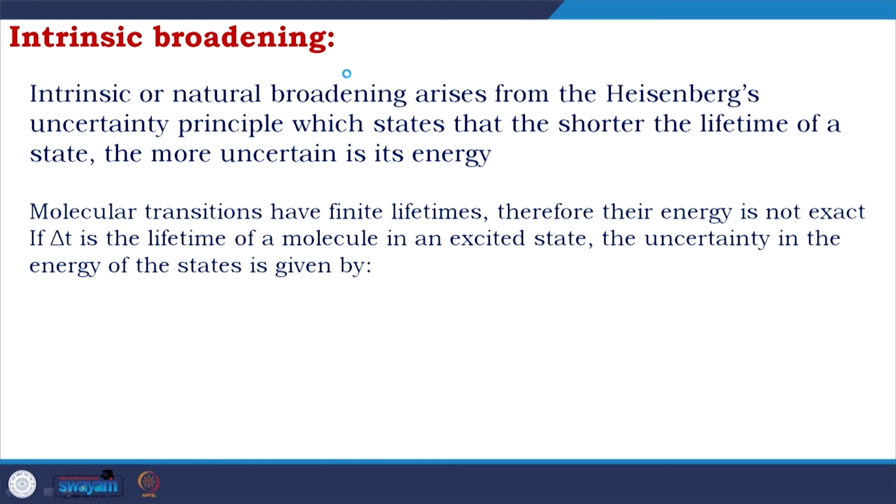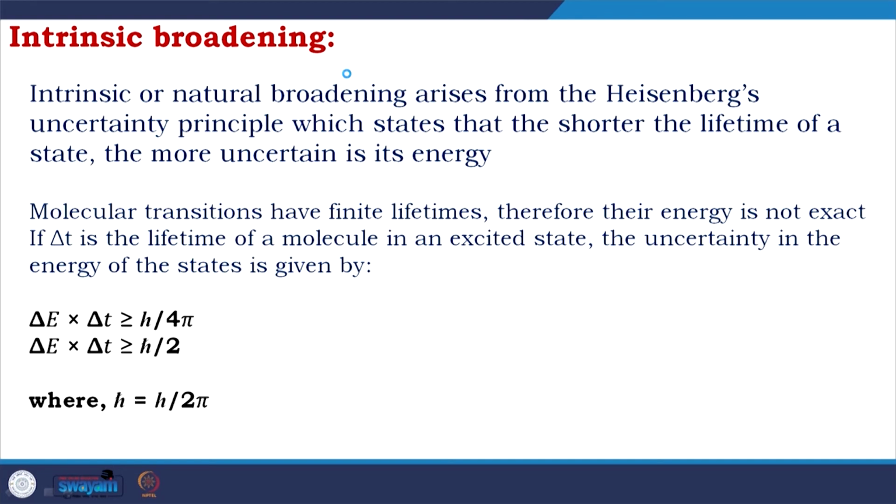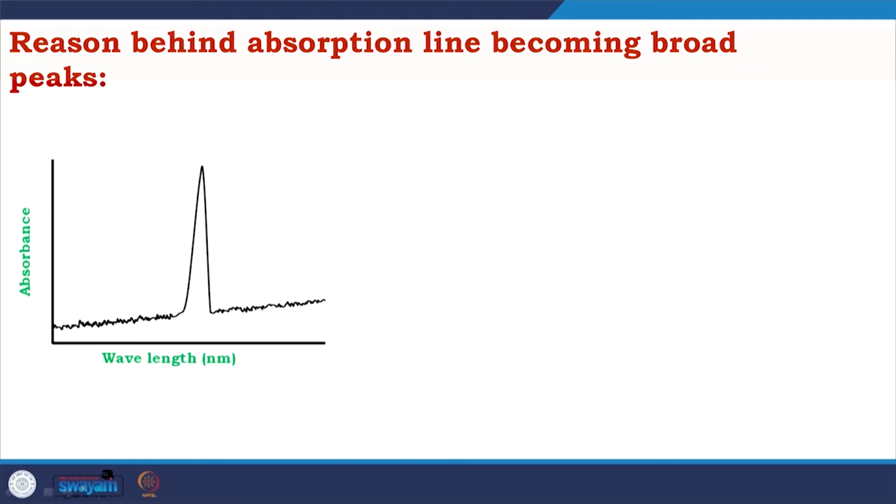If delta t is the lifetime of the molecule in an excited state, the uncertainty in the energy of the states is given by delta E into delta t greater than or equal to h by 4 pi, that is, delta E into delta t greater than or equal to h bar by 2, where h bar equals h by 2 pi, h being Planck's constant. So, these are fundamental reasoning, but there are other reasons behind these lines becoming broad peaks.